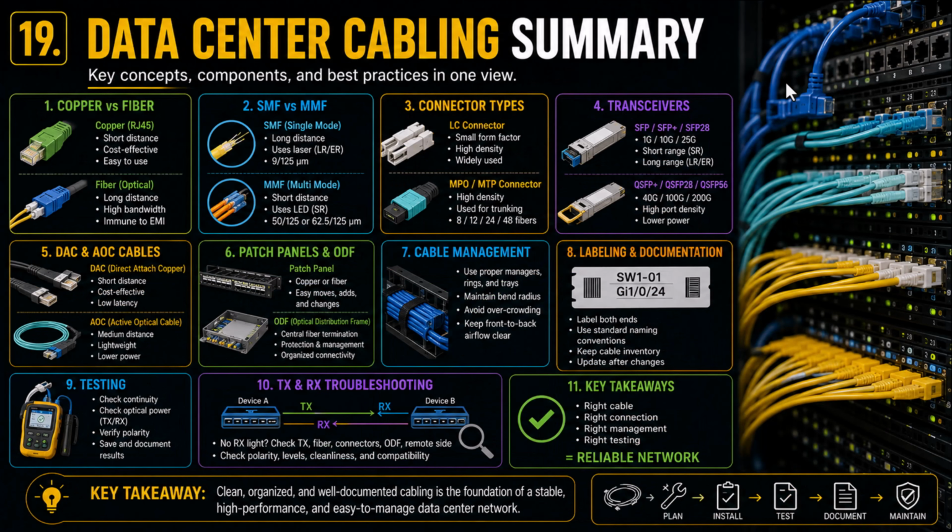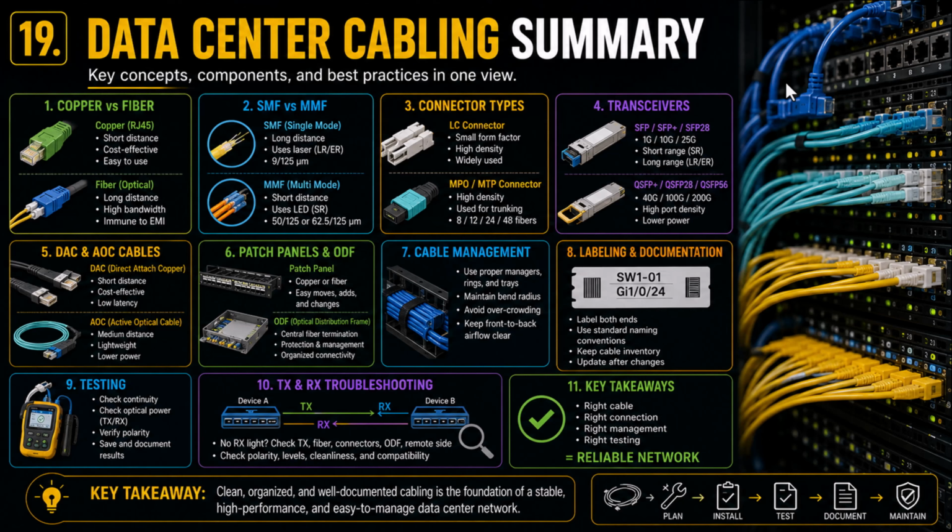So let's bring everything together. Data center networking isn't only about VLANs, routing protocols, VXLAN, or configuration. Underneath all of that is the physical infrastructure. We looked at copper and fiber, single mode and multimode, connectors, optical transceivers, DAC and AOC, patch panels, and ODFs.